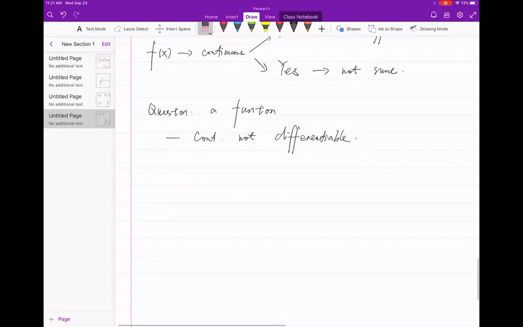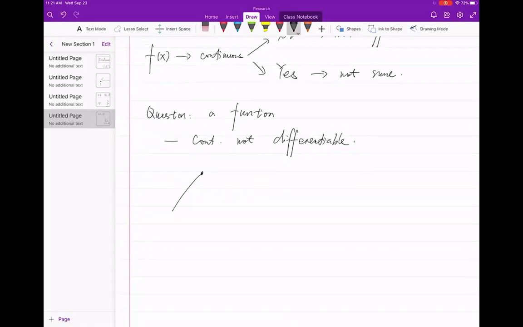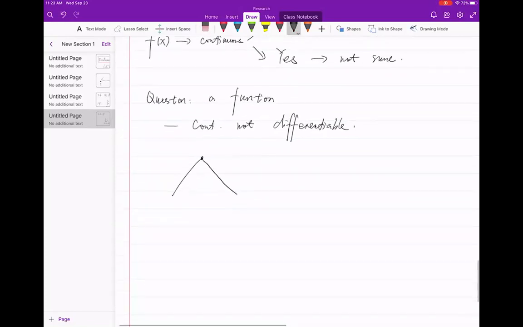Can you think about something that just keeps going, but somehow just by looking at what happens on the left and right, you can't tell if it's increasing or decreasing? What about something like this, which is a sharp turn? Number one, is it continuous? The answer is yes, it's continuous.